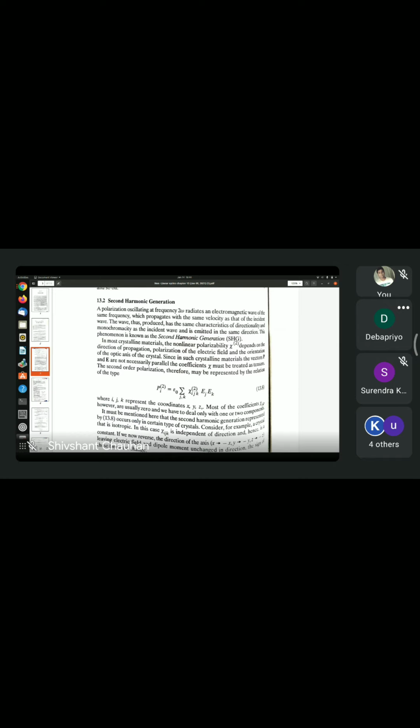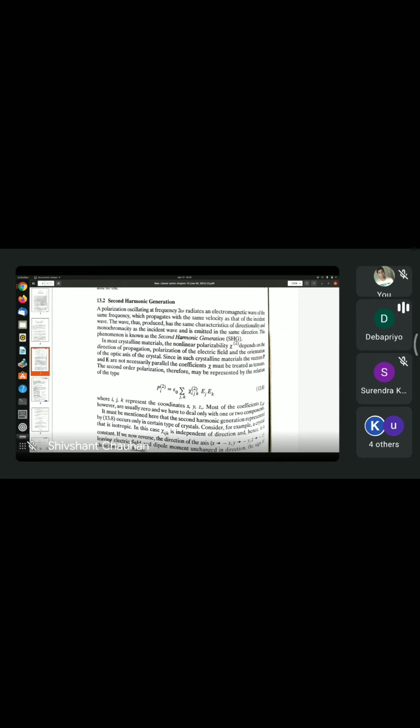So let's see whether this can happen in all media. 13.8 is an expression for the part of polarization that is associated with the square of the electric field, or to be more precise, where you have to take into account the product of Ej and Ek.